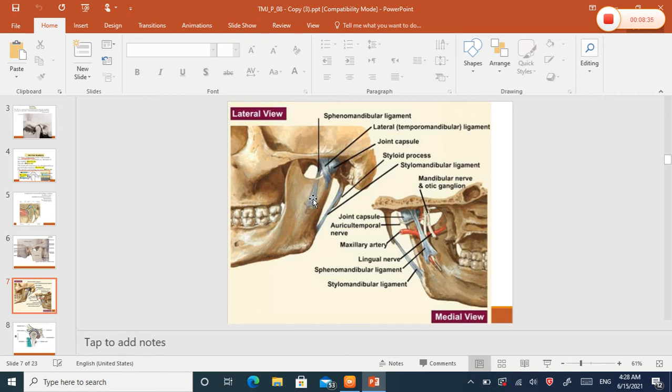This is the sphenomandibular ligament. And the stylomandibular ligament is distinct from the styloid process of the temporal bone, from this area, and inserts into the posterior border here of the ramus of the mandible.